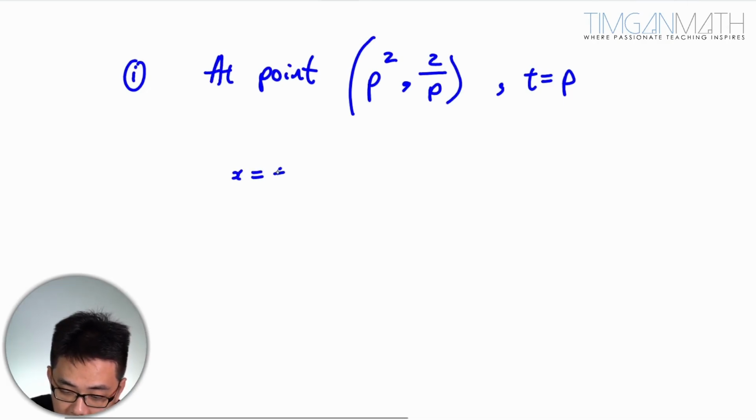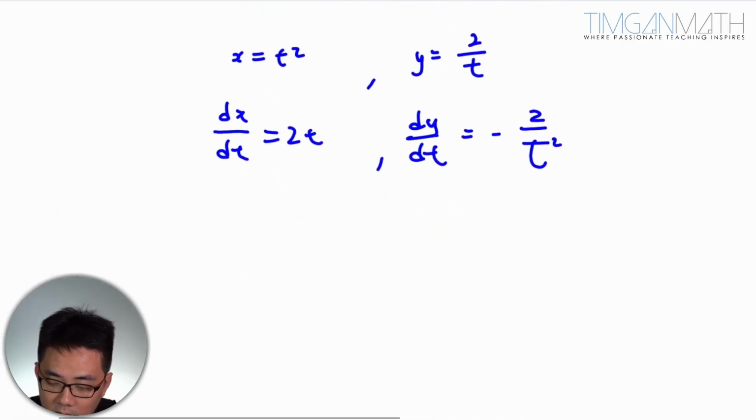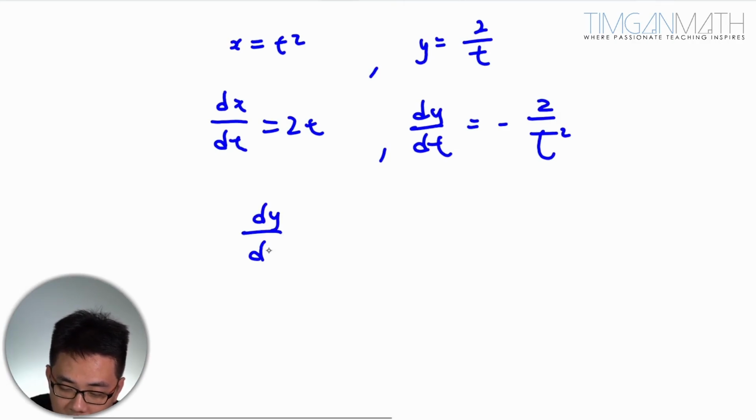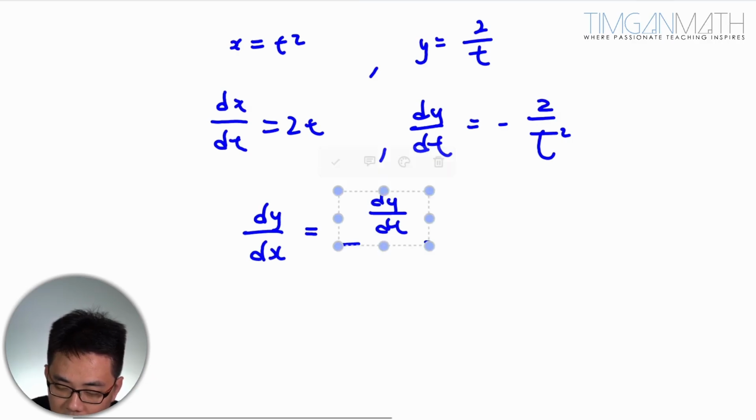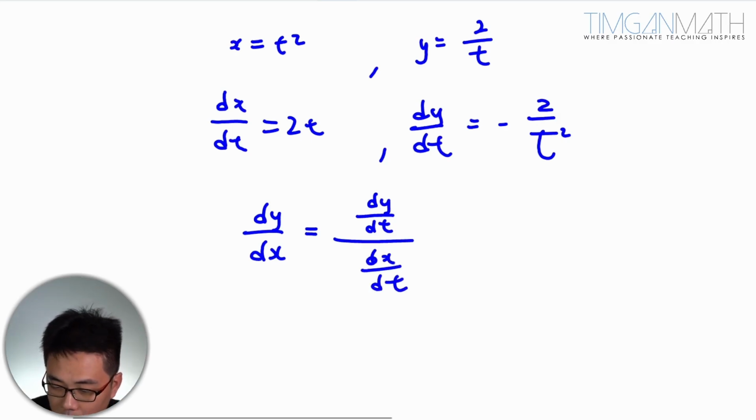So x equals t squared, so dx/dt is 2t. y is 2 over t, so dy/dt is negative 2 over t squared. To find dy/dx, you just need dy/dt over dx/dt.